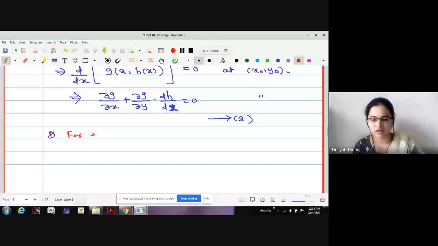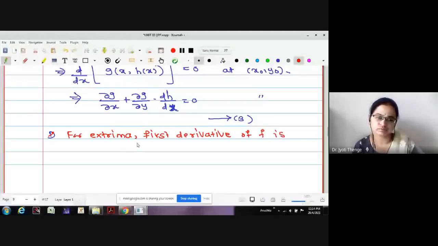For extrema, the first derivative of f is equated to 0. Now let me find the first derivative and equate it to 0.